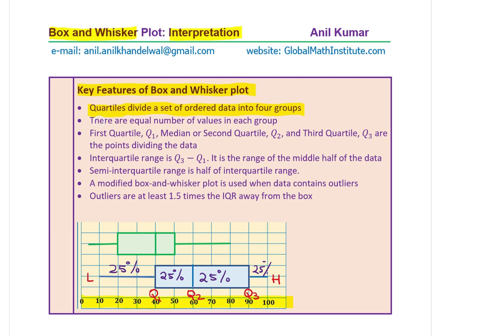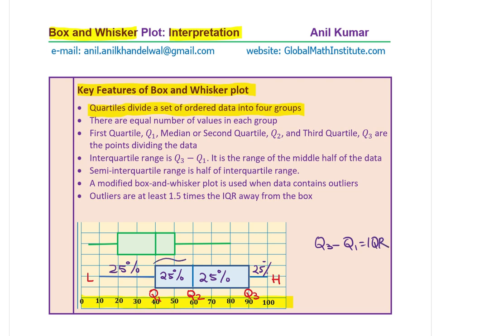So that's the second point: there are an equal number of values in each group. First quartile Q1, median or the second quartile Q2, and the third quartile Q3 are the points dividing the data. Interquartile range is Q3 minus Q1. So Q3 minus Q1 will be referred to as the interquartile range.